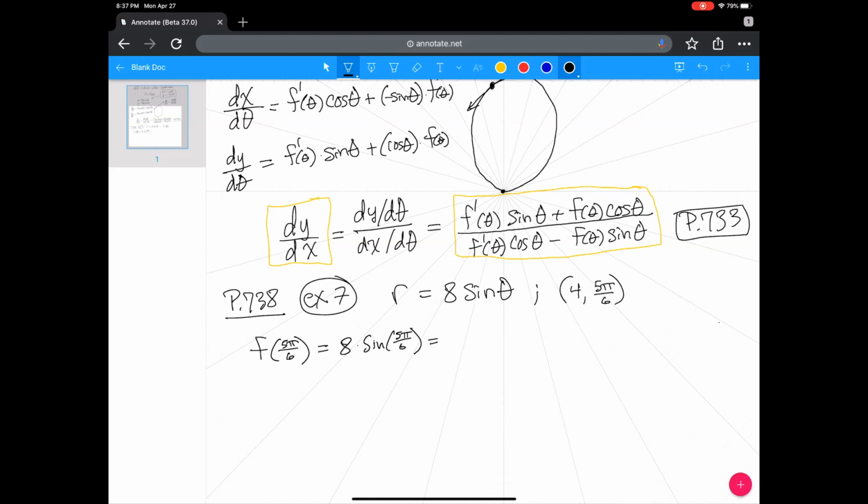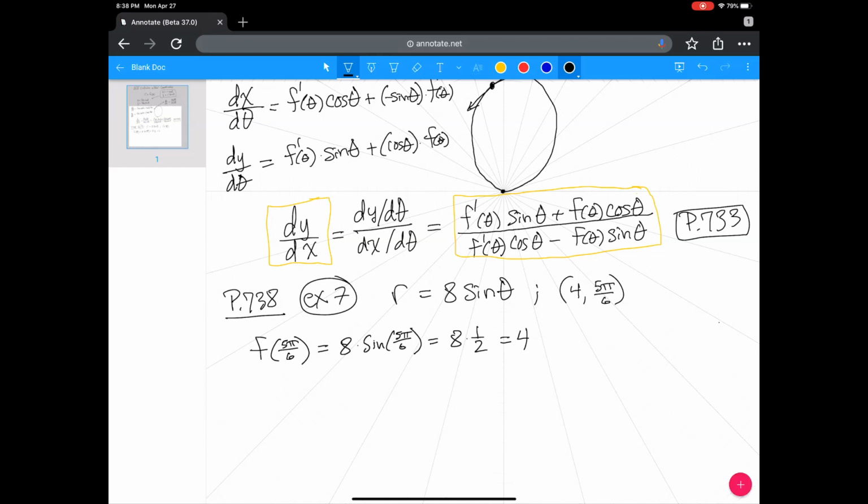So let's see, 5 pi over 6 is 1/6 up above pi, so it's in the second quadrant, and sine is 1/2. So this would be 8 times 1/2, or 4.